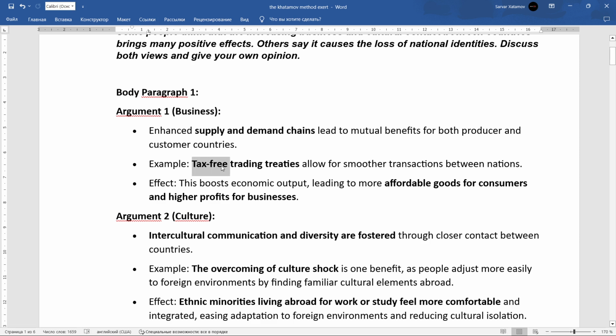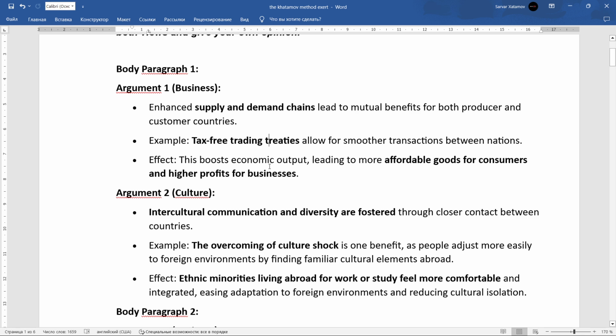Tax-free trading treaties, right? There are a lot of T's, and what I like to do is take the first letter of the first word and then make sure other words start with the same letter. We usually call it alliteration in stylistics.